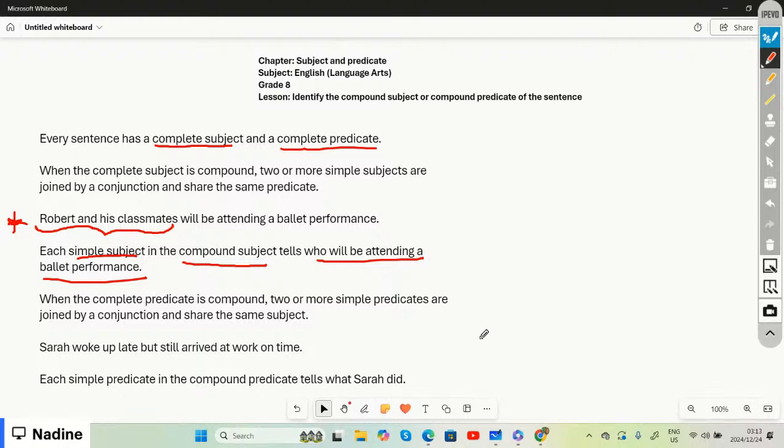All right. So when it comes to our subjects and our predicates, remember the subject is basically who or what is doing something, who's doing the actions.